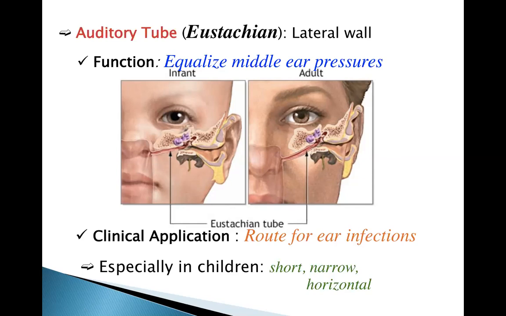And all you're doing is opening this pathway by stretching and pulling on your pharynx. And what that does is it makes sure that the air pressure that's inside your skull is the same as the pressure outside your ear. And so the eardrum then doesn't flex.